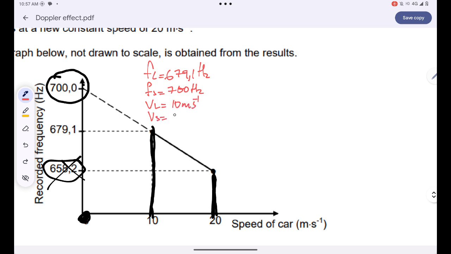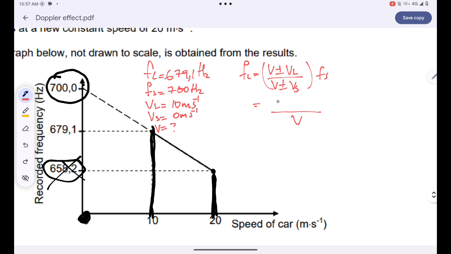Velocity of the source is stationary, 0 meters per second, and the speed of sound, that's what we are looking for. You'll simply say fL is equal to (v plus or minus vL) all over (v plus or minus vS) multiplied by fS. Since our source is stationary, on our denominator we'll simply have the speed of sound only. Why? Because vS is equal to 0.